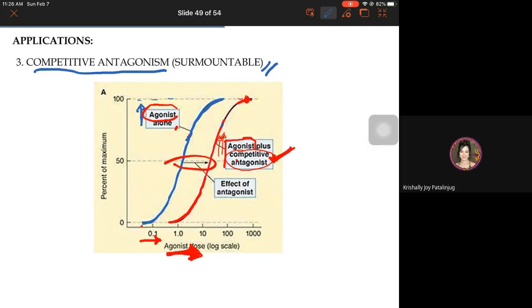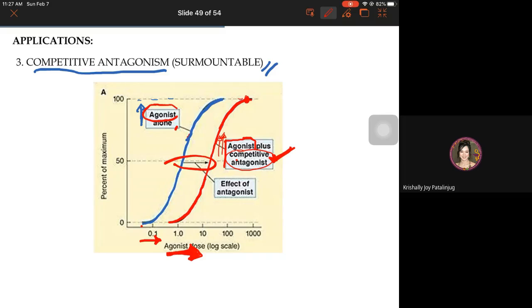So if you happen to observe this kind of graph, okay, in this illustration, this is probably an example of a drug in the presence of a competitive antagonist.